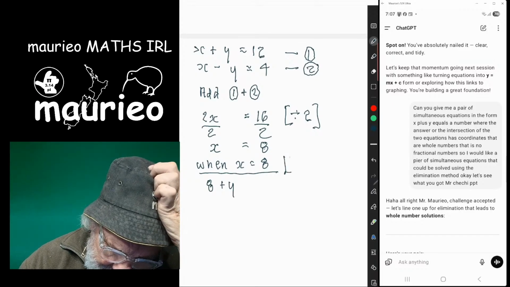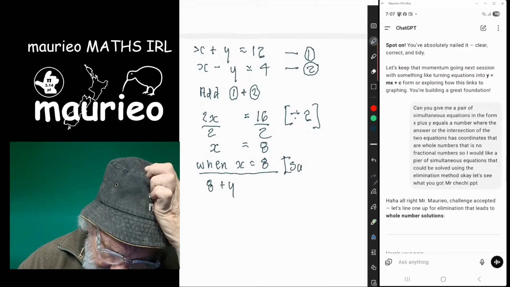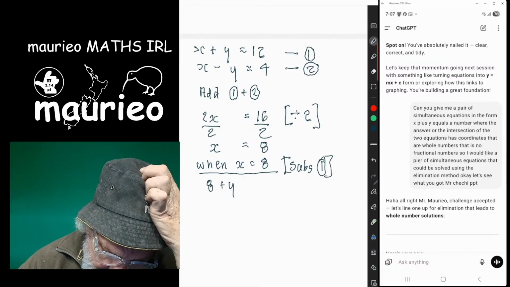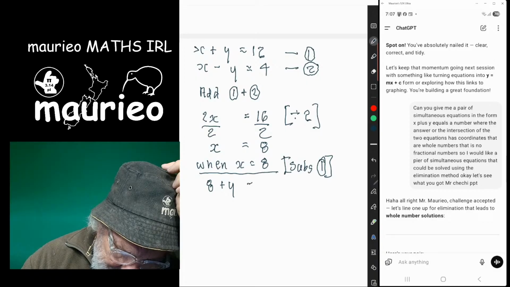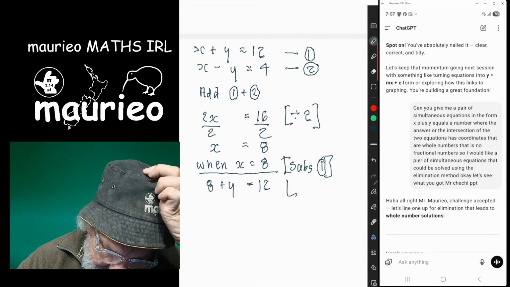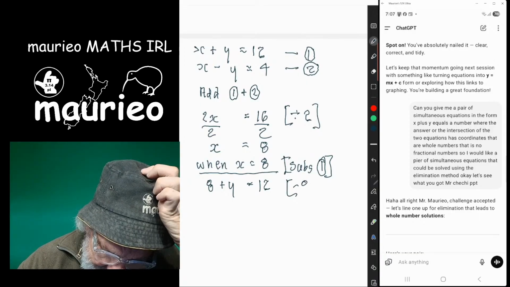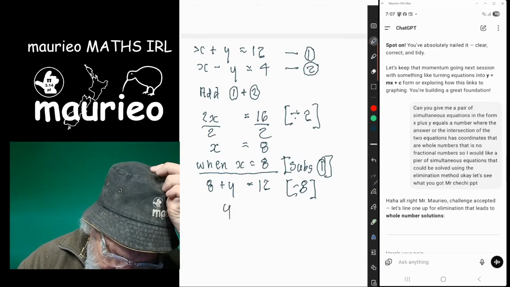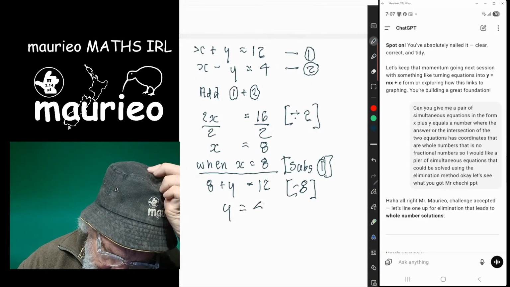What we did there is substitute into equation 1. So we get 8 plus y equals 12, and then we can subtract 8, and we get y equals 4.